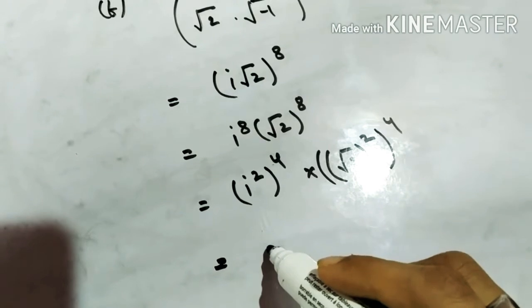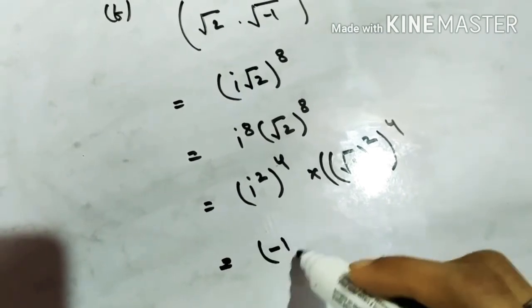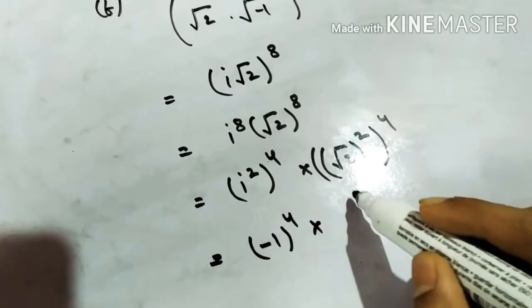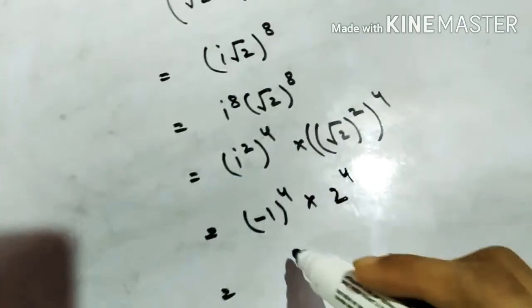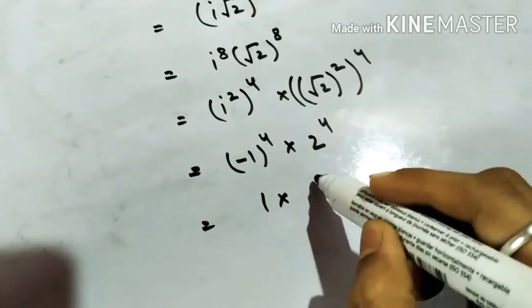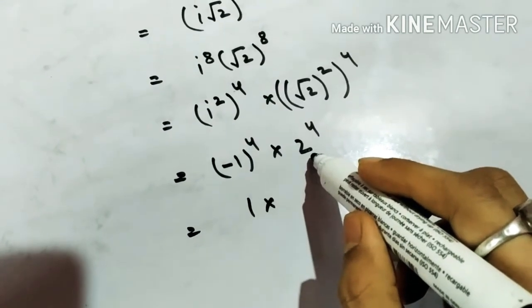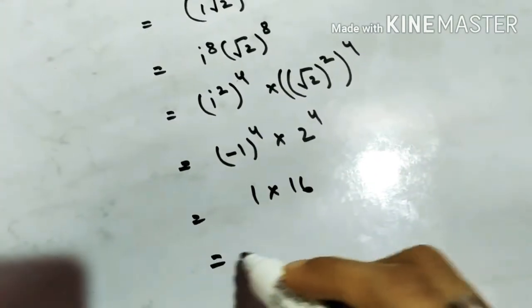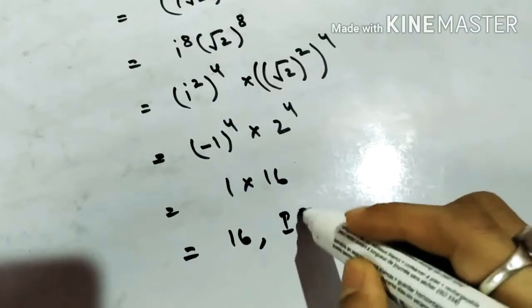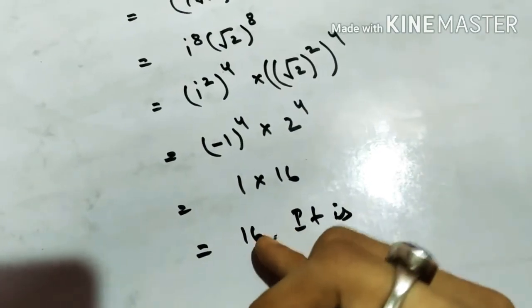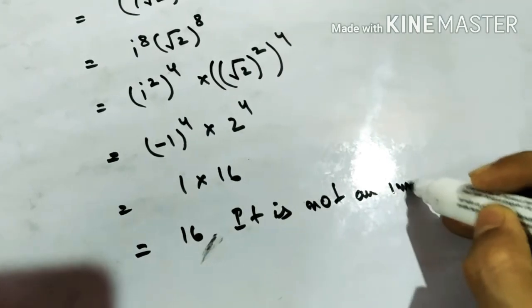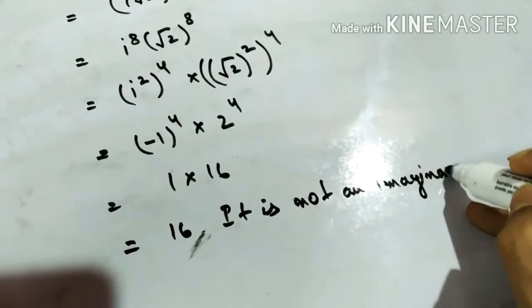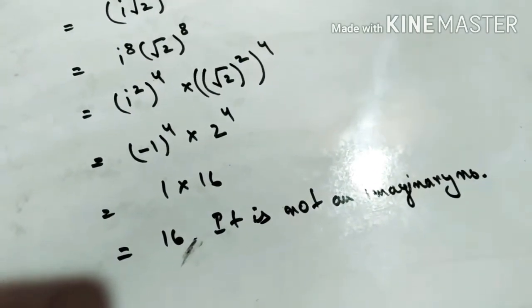This will become minus 1 to the whole power 4 into 2 to the power 4, which is 1 into 16, 16. It is not an imaginary number.